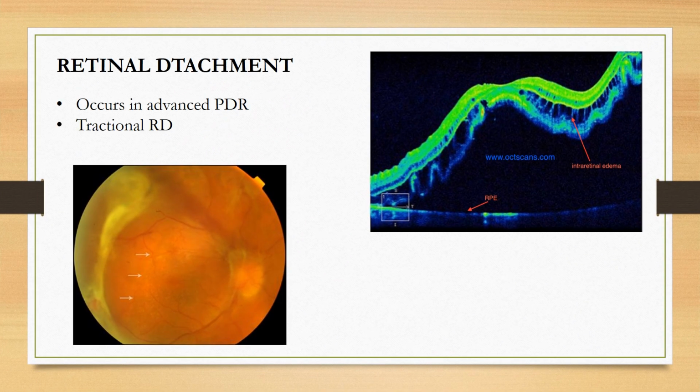So see here, as I said, when there is a traction or pulling of the retina from the RPE, there will be a detachment. So this is a high risk condition where the patient might even lose vision completely.